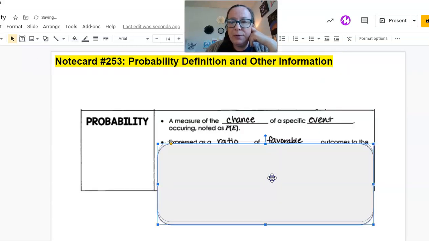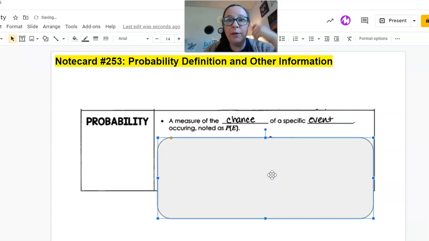Okay, there's a couple things I want to talk about. Probability is a measure of the chance of a specific event occurring. So what's the probability that when you flip a coin, you would get tails up? What's the probability that if you get a deck of cards that you would pull out a spade?